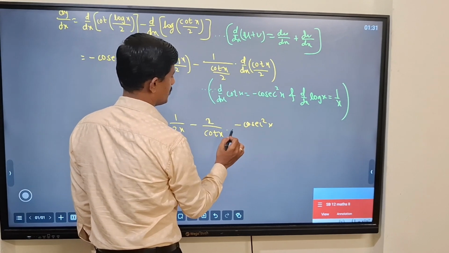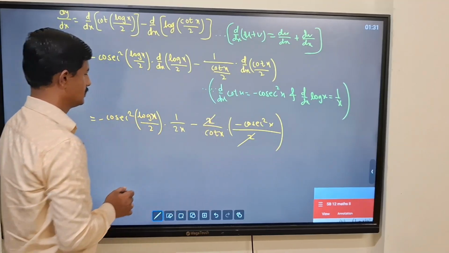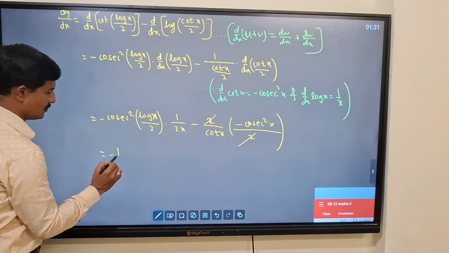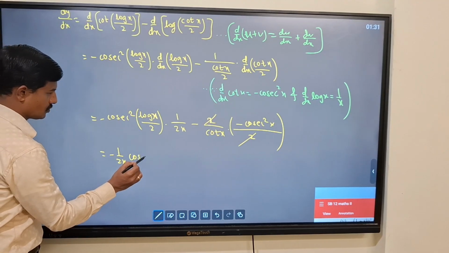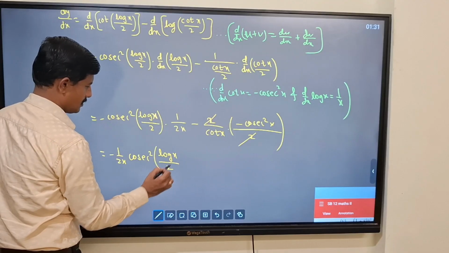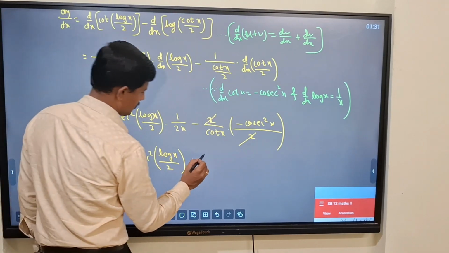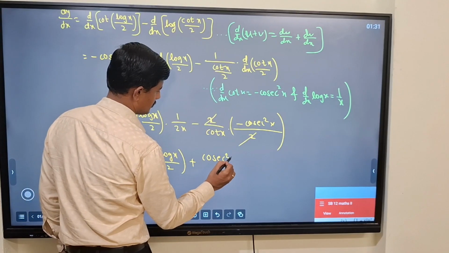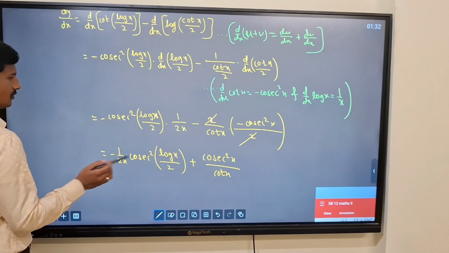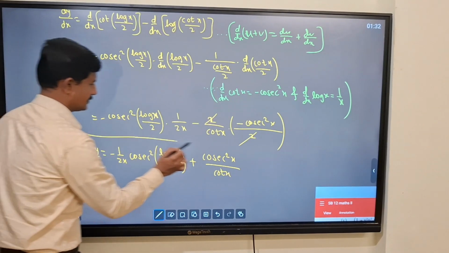Here we wrote that formula. This 2 is constant. Now this 2 cancels, so we can write it like this: minus 1 upon 2x cosec square log x by 2, minus minus becomes plus, and I will end my answer at this stage: cosec square x by 2 upon cot x by 2. I'm not going to simplify it further. Dy by dx is this.